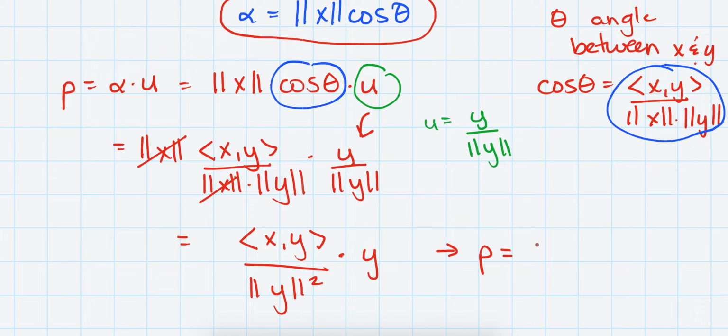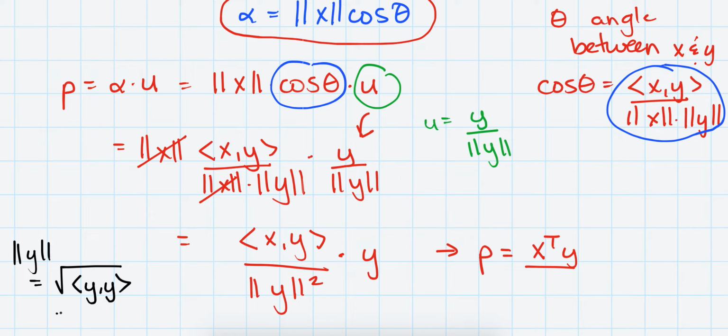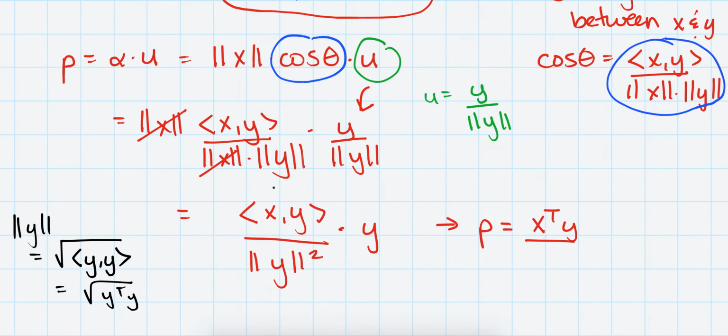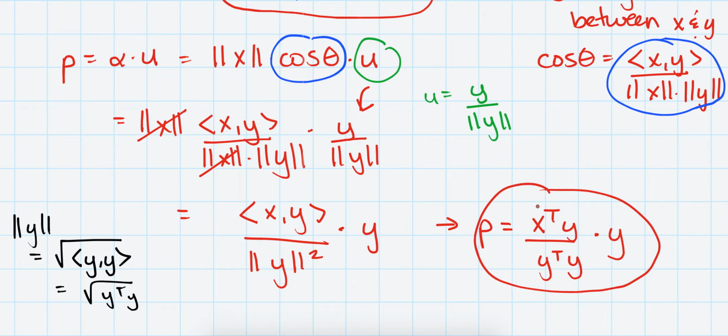This is probably the formula you're most familiar with. This is x transpose y. This thing, remember that the length of y is the square root of y transpose y. But if we square it, we get rid of the square root. So we have y transpose y times y. And that is our vector p.